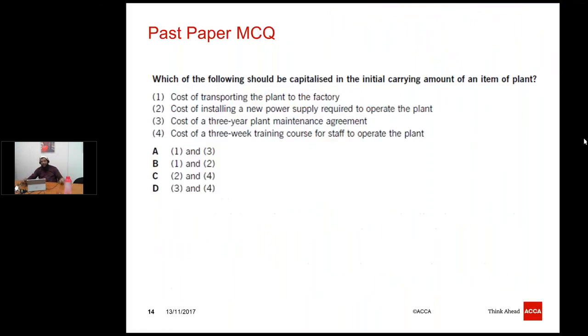Now let's have a past papers question, and you people have to answer it. Which of the following should be capitalized in the initial carrying amount of the item of plant? This is a past paper question relating to section A. The word initial is very important: according to initial measurement, initial recognition, what should be capitalized?